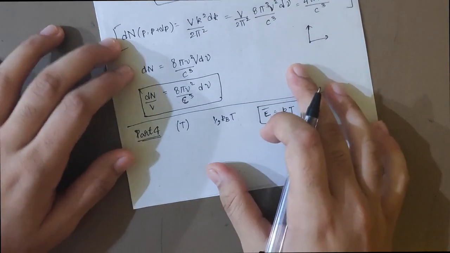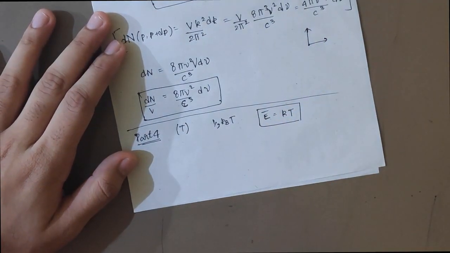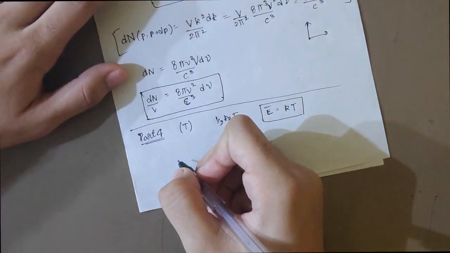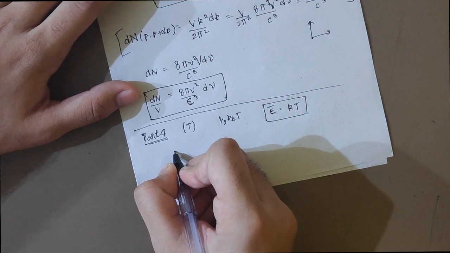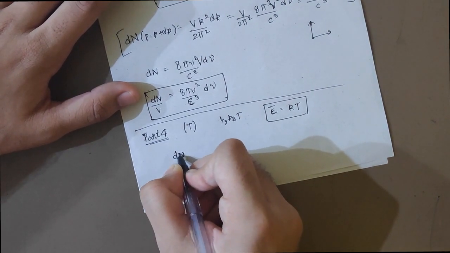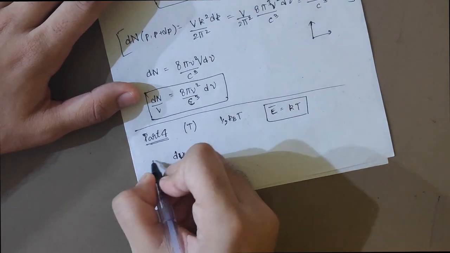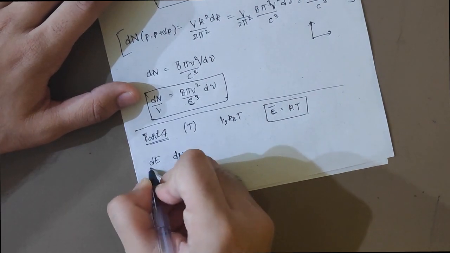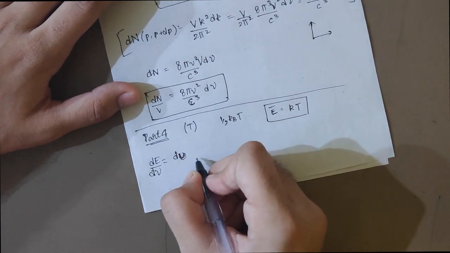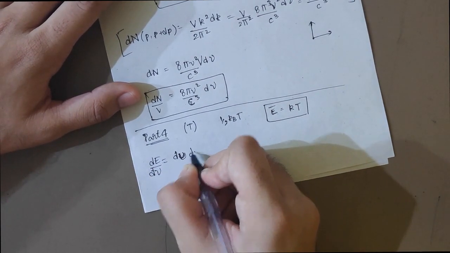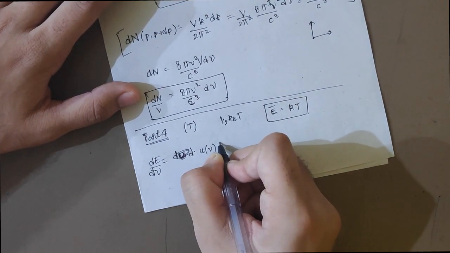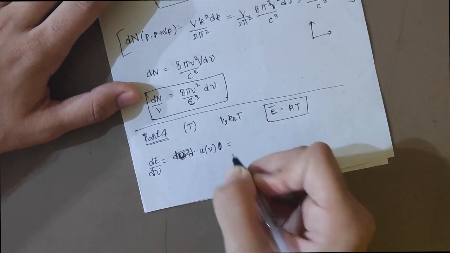Now, what we want is the energy density. We are looking for the energy density, that is energy per unit volume. Now, the energy density per unit volume per unit frequency. Let's consider that. That is dE by d mu equals u of mu into d mu.